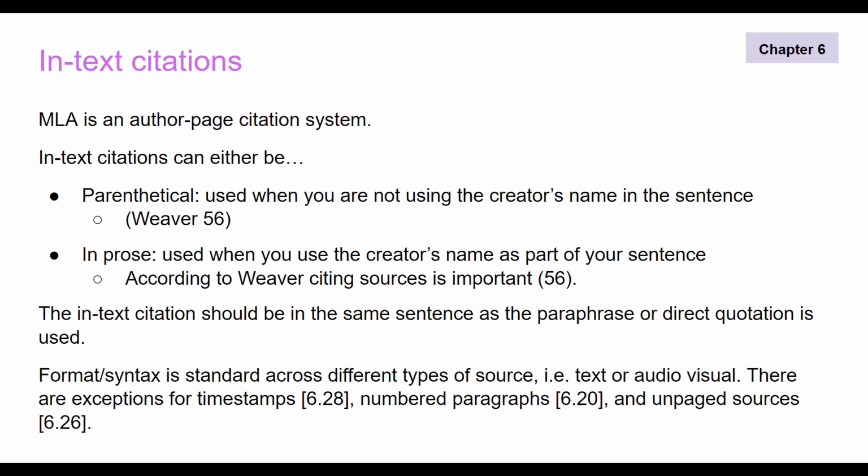Those in-text citations need to be in the same sentence as wherever that direct quotation or paraphrase is coming from. But the format is pretty much standard across different types of sources. Whether it's text or audiovisual, you're always going to have that author, and typically a page number, though for some types of sources it may be a timestamp or a paragraph number.